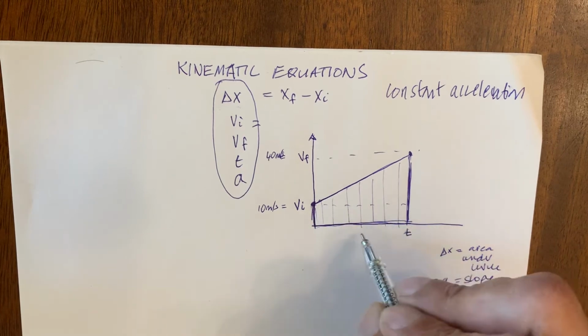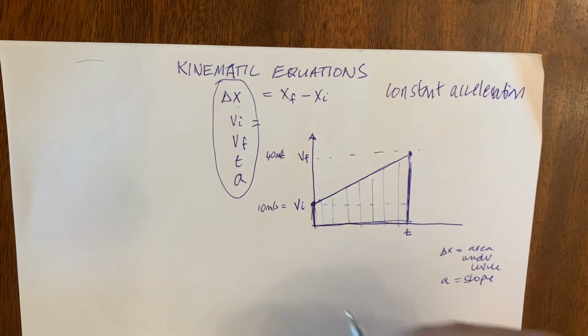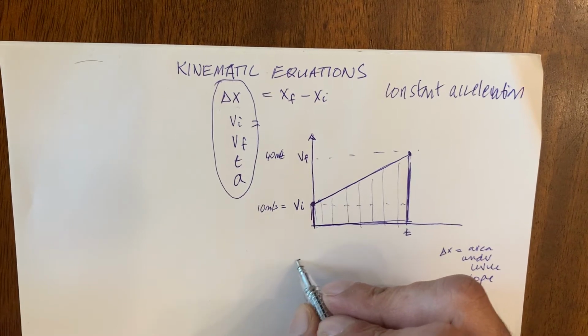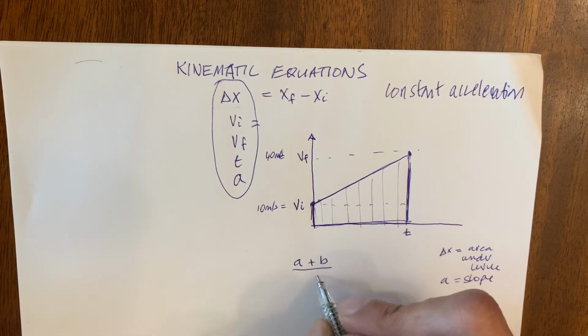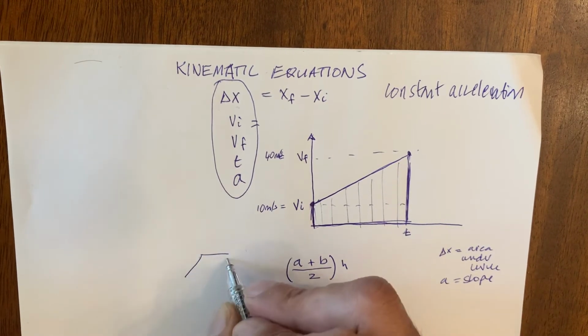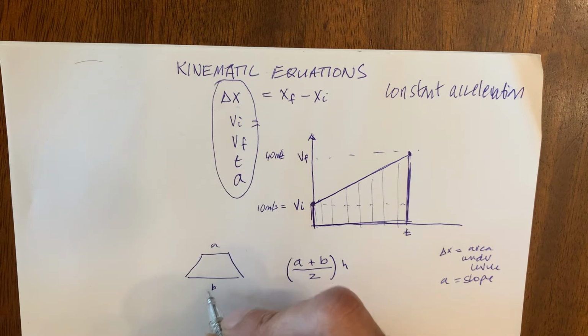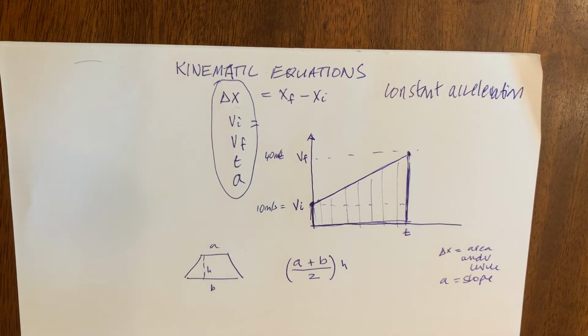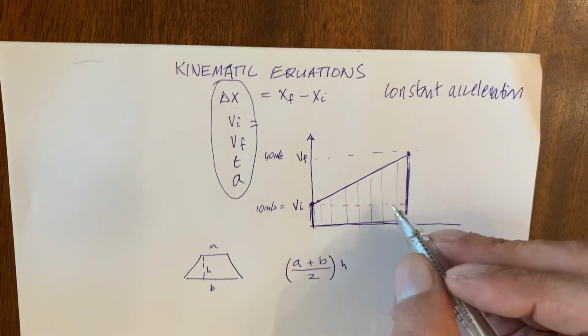Remember, for a trapezoid, the area was (a plus b) over 2 times h, where a and b are the parallel sides and h is the height. You guys remember that? So that's exactly what we're going to use here.